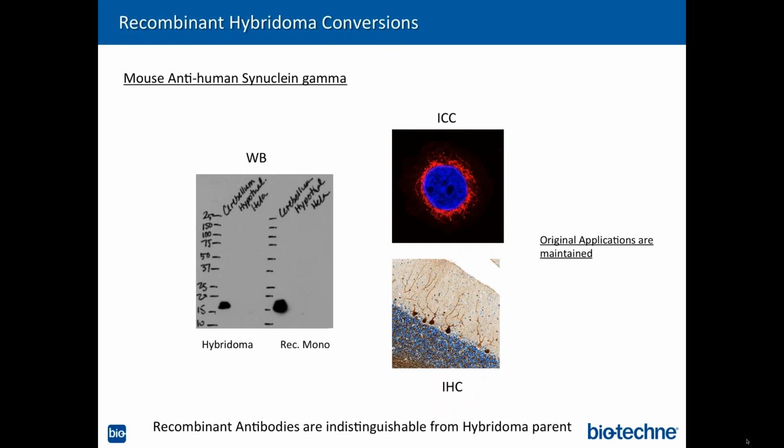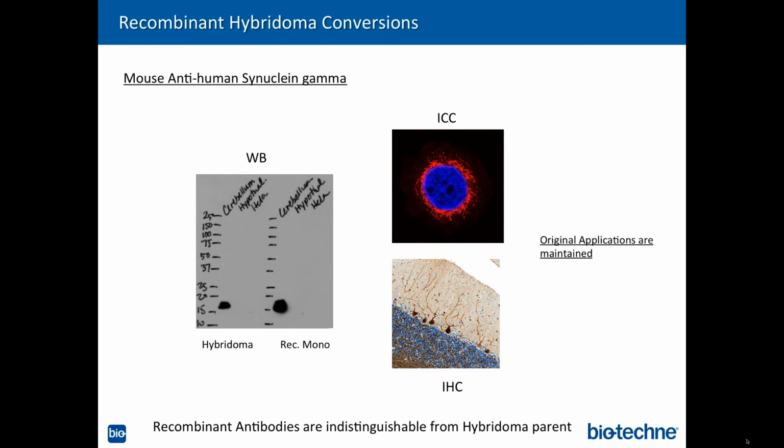And on the right are the ICC and IHC results for the same recombinant antibodies. Again, we're maintaining the original isotype in this case. We're maintaining the original applications. So the end result is that the recombinant antibody is indistinguishable from the hybridoma parent.